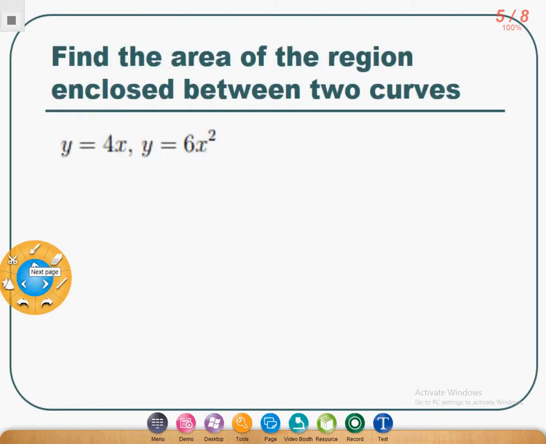Start with me with the first question. In the first question, I have two functions, but without the values of A and B. So I have to find the values of A and B. This is number one.